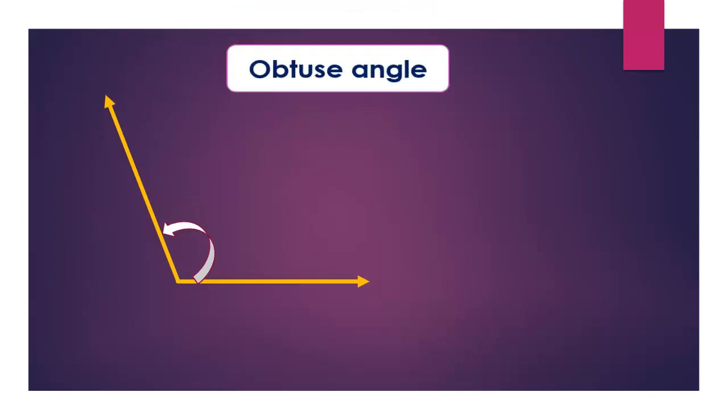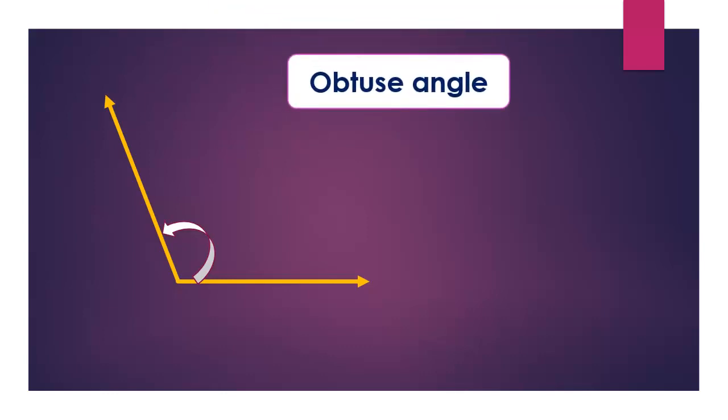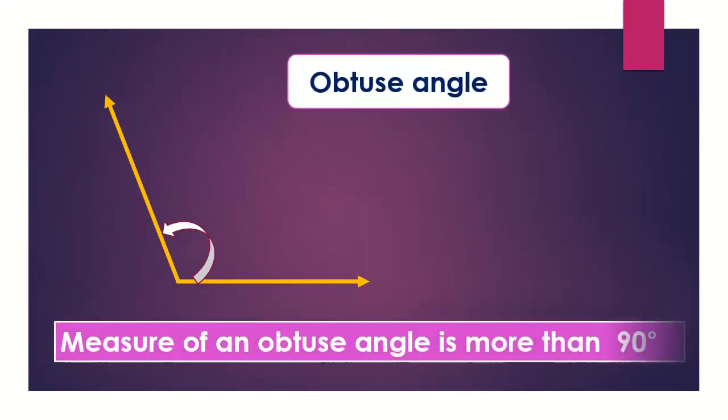The next angle is obtuse angle. When the ray moves and the movement is more than 90 degrees, it is known as obtuse angle. The measure of an obtuse angle is more than 90 degrees. Now we'll draw a ray that moves exactly in the opposite direction.